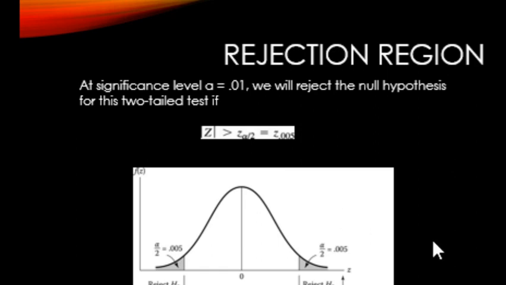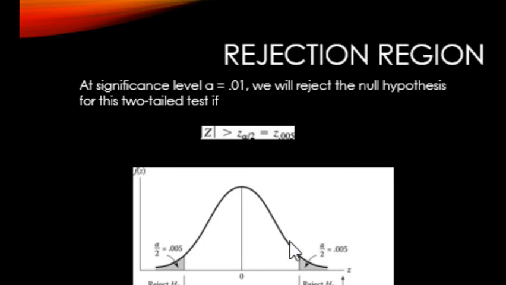Now, if we were using the rejection region, just to understand what it looks like on the graph, this is what it would look like. Our significance level alpha is 0.01. Therefore, on each side, we have to use alpha by 2 area, which is 0.005. So 0.005 on this side and 0.005 on this side.